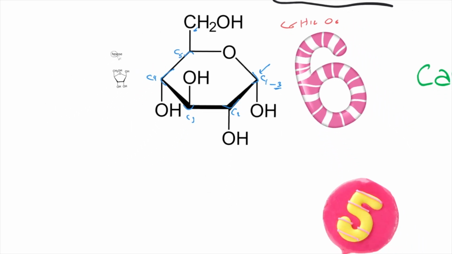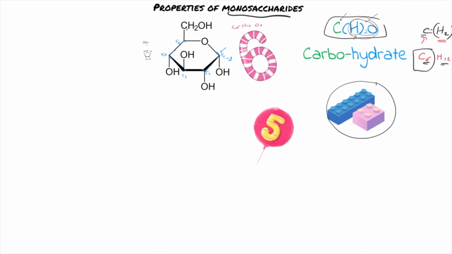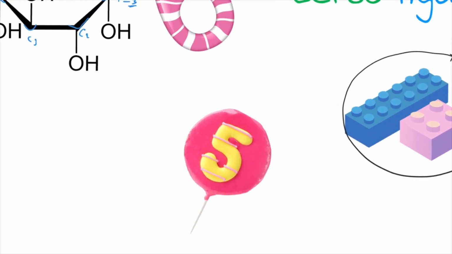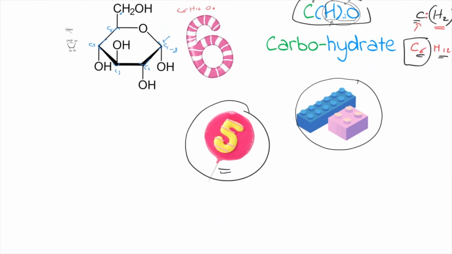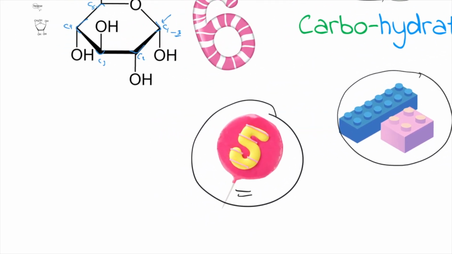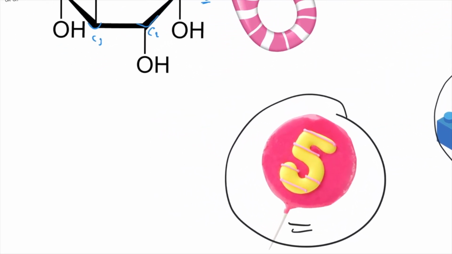What about the other category? The other category is known as pentoses. Pentoses are something we're not going to deal with today, because they are for DNA and RNA, so for nucleic acids or genetic material. I just want to show you what those pentoses look like. I have an example here.